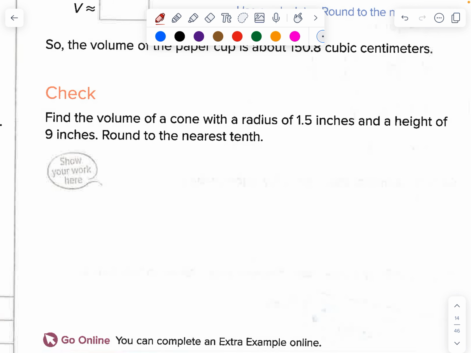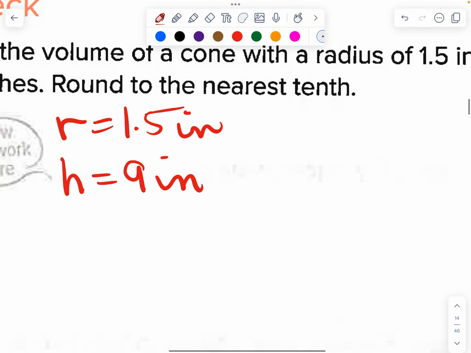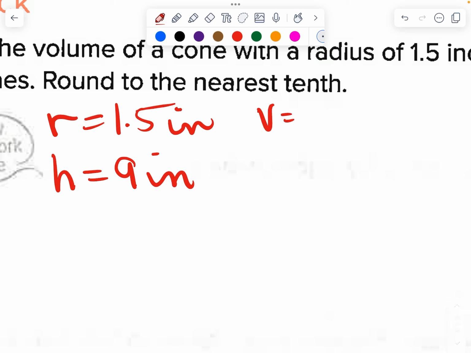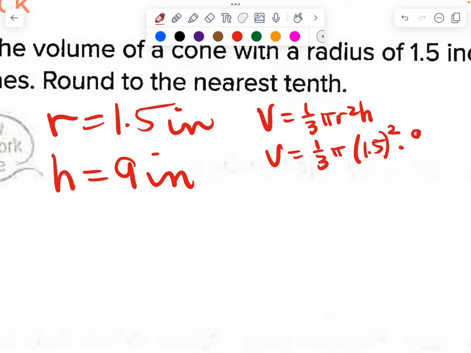This one, it tells me I have a radius of 1.5 inches. It tells me I have a height of 9 inches. So V equals 1/3 pi r squared h. So 1/3 pi, radius is 1.5 squared, h is 9.